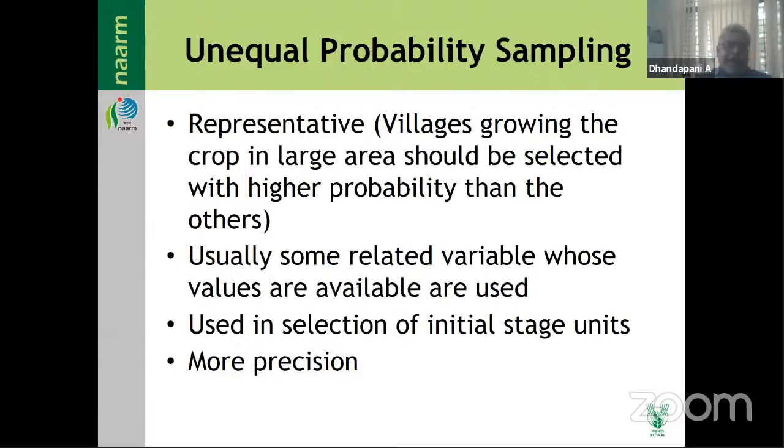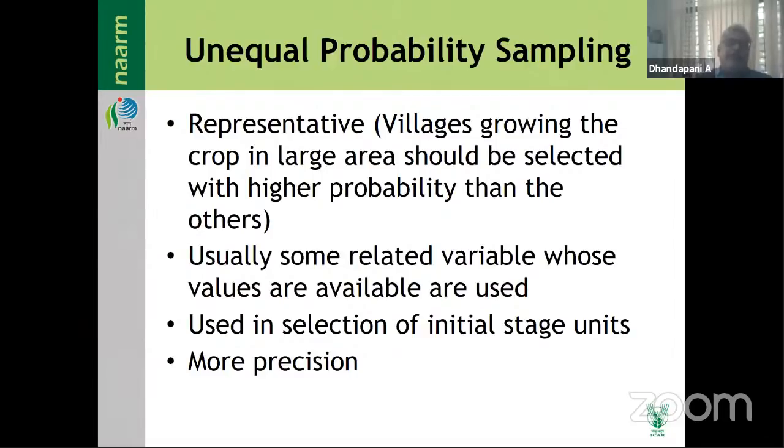That leads to what we call the unequal probability sampling scheme. So besides simple random sampling, systematic sampling or cluster sampling, we can also think of going for unequal probability sampling. But when you talk about unequal probability, we want to assign unequal probability. So based on what?